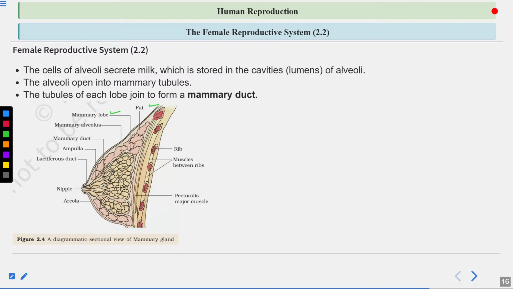The mammary lobe consists of clusters of cells known as alveoli. Cells of the alveoli secrete milk, which is stored in the cavities of the alveoli. Then the alveoli open into mammary tubules, and the tubules of each lobe join to form the mammary duct here. This is the mammary duct. Clear?